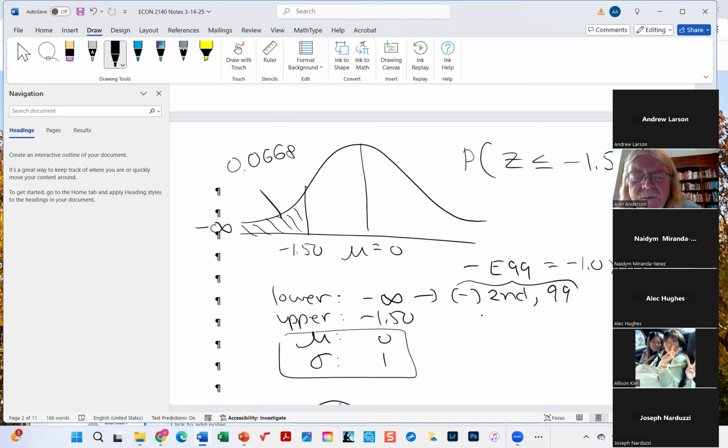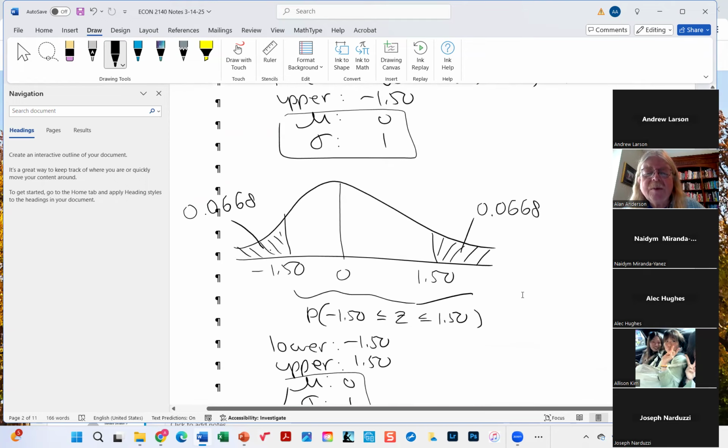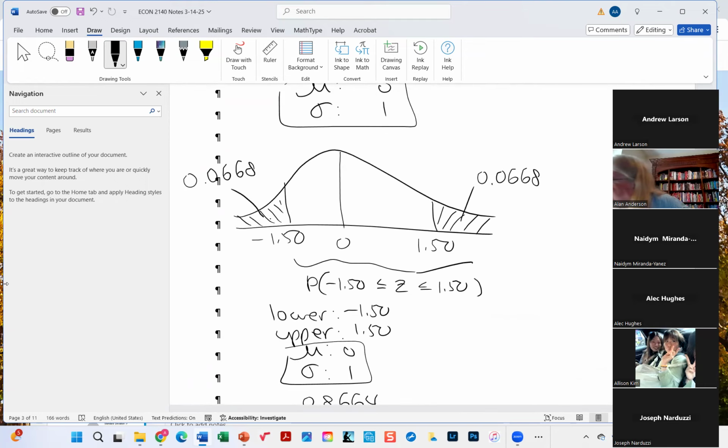All right, so hopefully you're able to get the answer. And if you notice, interestingly enough, it's also 0.0668 or 6.68% of the total. So then you start to ask yourself, well, is this a coincidence? And the answer is no, because we have this wonderful property, as you recall, of symmetry, which means the right and the left-hand side are mirror images of each other.